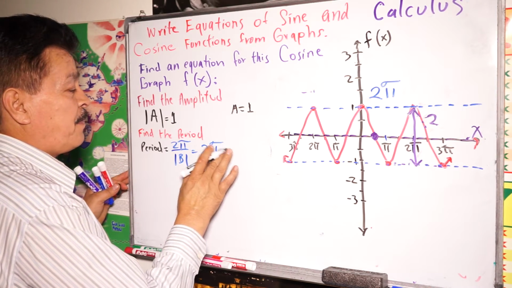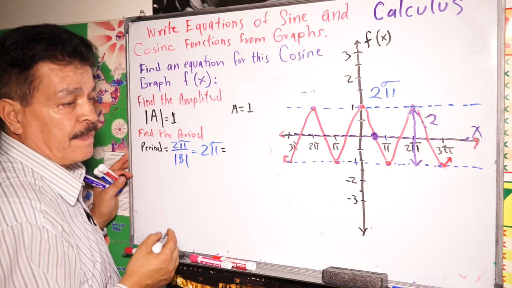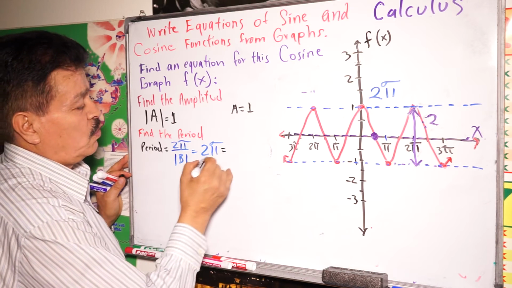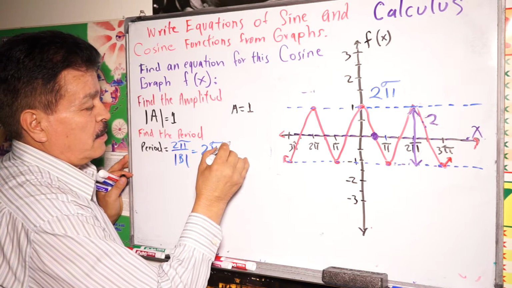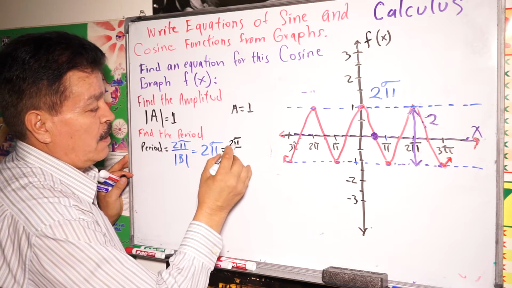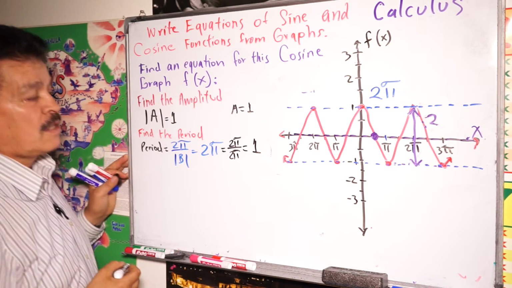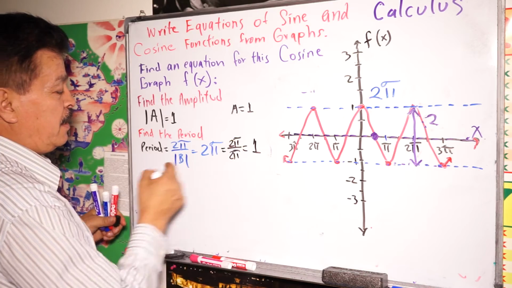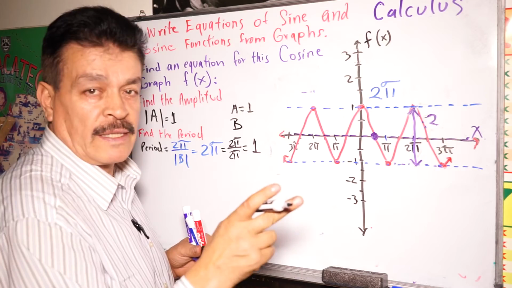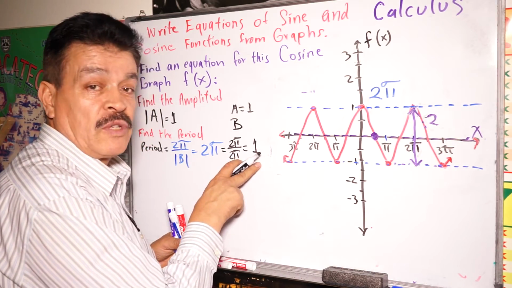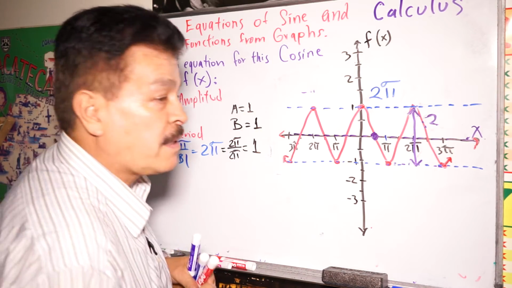Because you have to divide 2 pi by 2 pi, which equals 1. So this means that B in this case could be positive or negative 1. In this case, we are going to use positive 1.